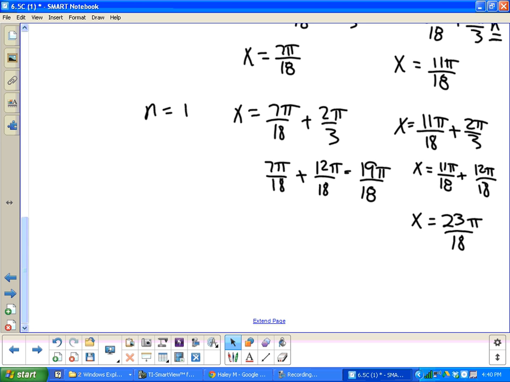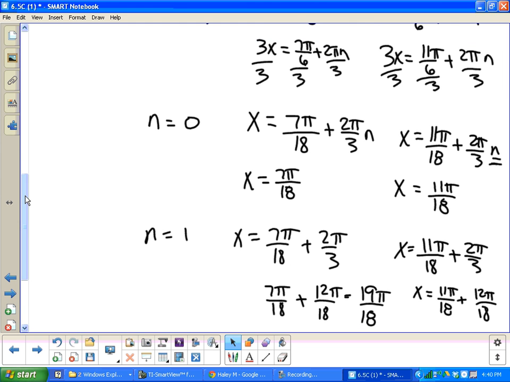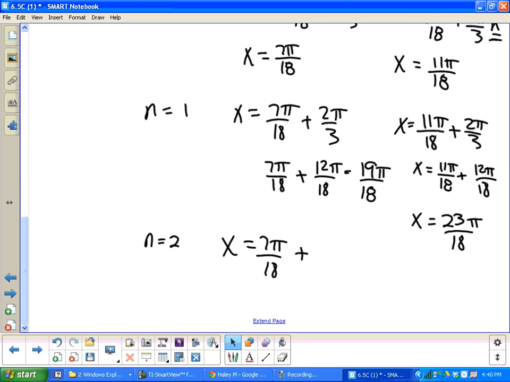Now, I think n equals 2 is probably going to be too big. But let me put it in just to see. So we're going to say 7 pi over 18, and now let's put n equals 2 right here. If I put 2 in there, that will give me 4 pi over 3. So plus 4 pi over 3.